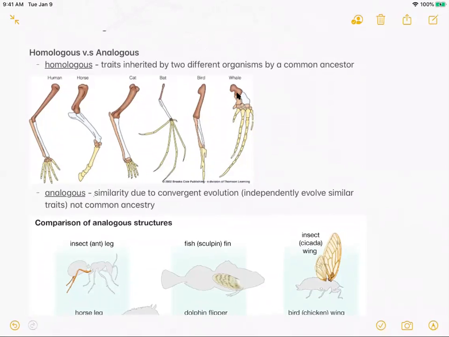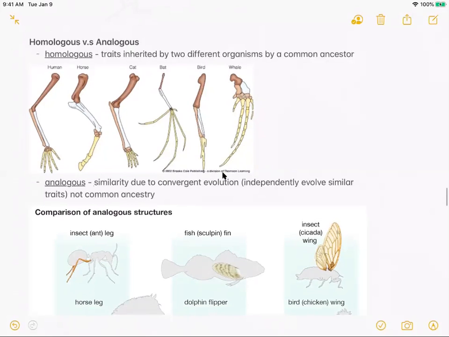Eventually over time, humans, horses, cats, bats, all of these different organisms inherited different traits. We all evolved to have these same structures, but they are different because of our needs, if that makes sense. So that's homologous traits.